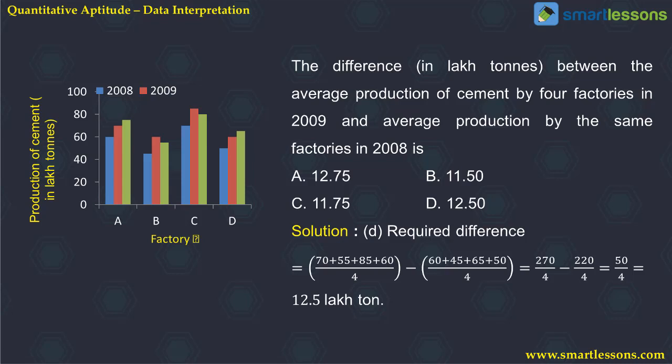So average this total by 4, that is 220 by 4. So what is the difference in average? 270 by 4 minus 220 by 4, that is 50 by 4, and that is 12.5 lakh ton. As you can see, option D is the correct option, 12.5 lakh ton.